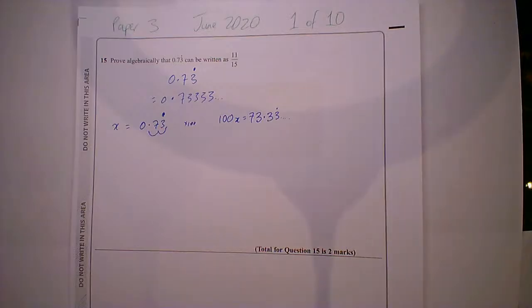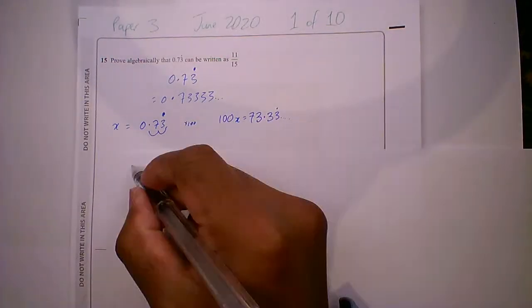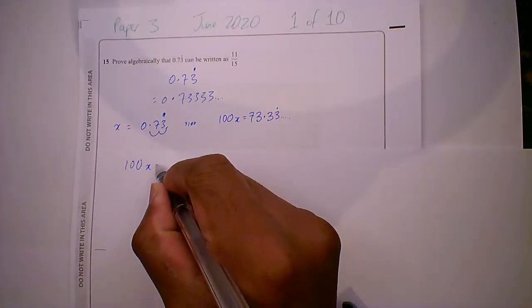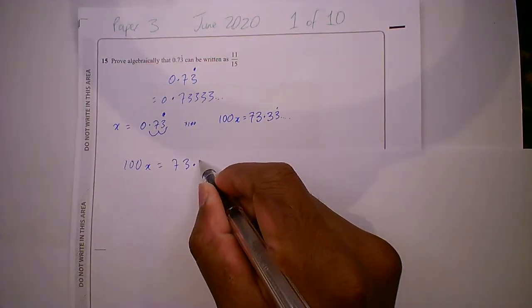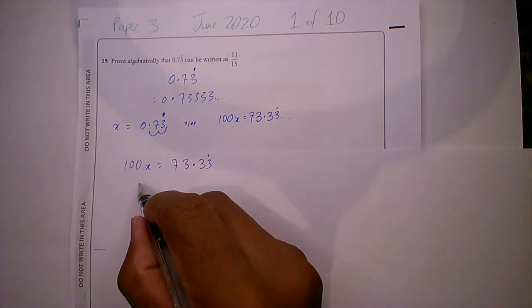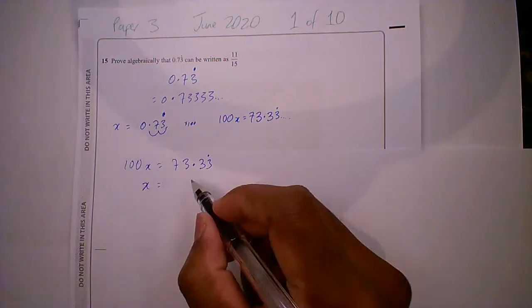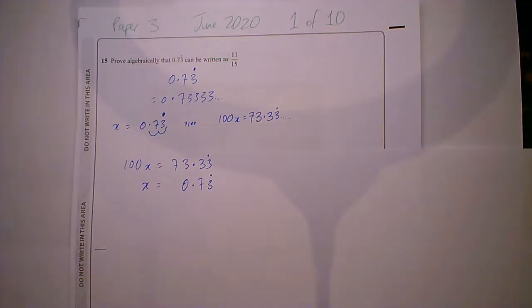And the next step, and I'm going to demonstrate it, is I'm going to look at aligning x. So if I put here 100x equals 73.3 recurring, and if I put x underneath it, x equals 0.73 recurring, you can see that the place values are not in alignment.